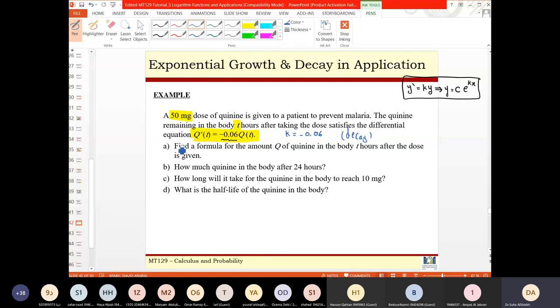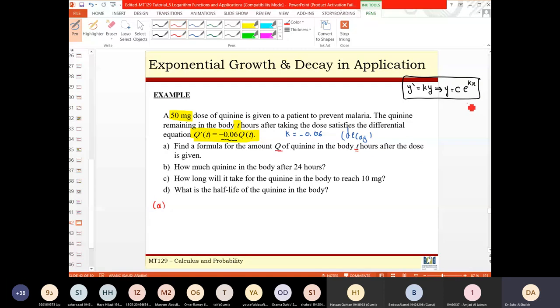The first part of the question, in A, they said find, let me write in red to make it clear. In A, they want you to find the formula of Q, the quinine in the body after T hours after the dose is given. Isn't this a differential equation?